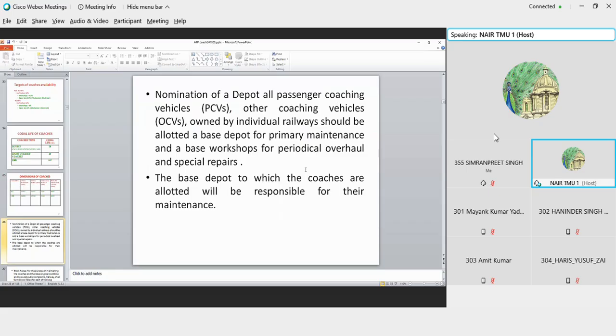Now, all the passenger vehicles, all the coaching vehicles, are identified to a depot. Like diesel locomotives are identified to a shed, each coach is identified to a depot, and that depot is the owner of those coaches. So if any specific schedule has to be done, if the coach has to be booked to the workshop, or any unusual occurrence happens to that coach, then that specific depot is answerable for that coach.